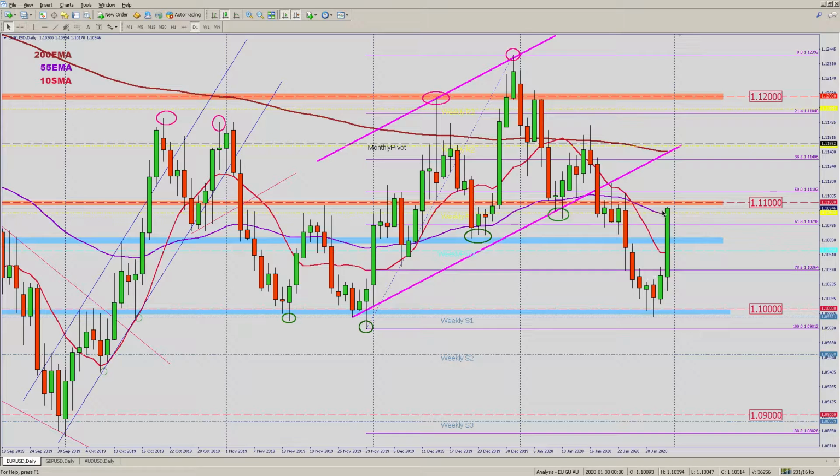So that was a strong move on the last day of January, which is also the last day for the UK to exit the European Union.